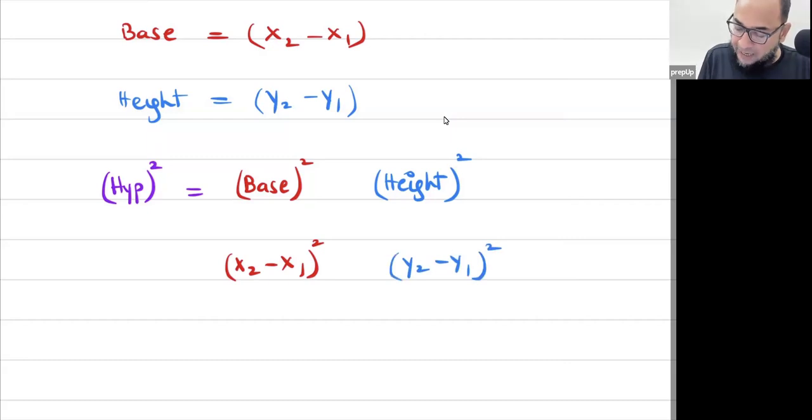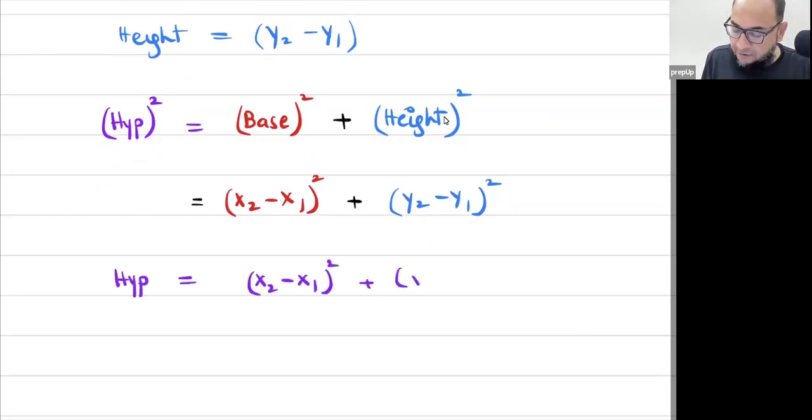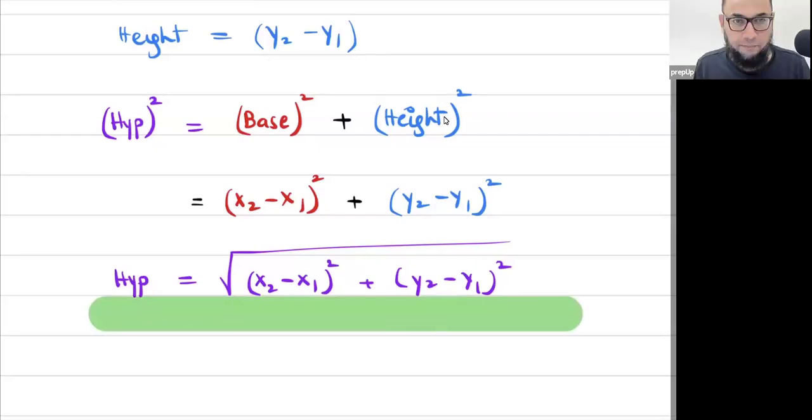Let me put a plus sign over here, and this is equal to hypotenuse square. So therefore, simply hypotenuse should be x2 minus x1 whole square plus y2 minus y1 whole square, the whole thing under root, and that is how we have created the distance formula.